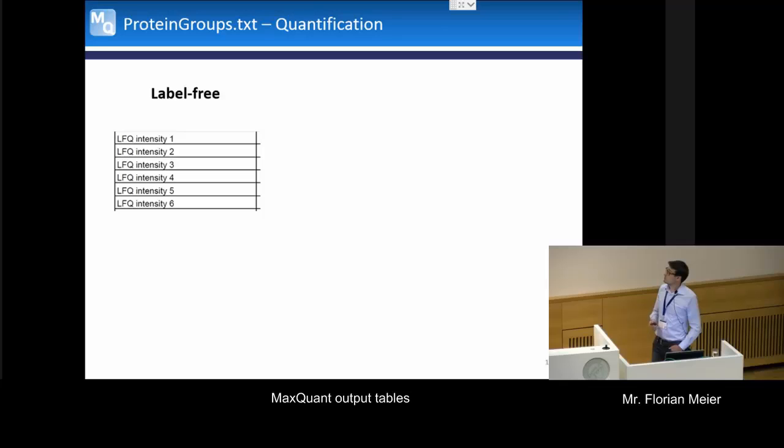For a label-free experiment, this is how this file is going to look. It lists all the LFQ intensities for a given protein and for all the given experiments. So you get the intensity for experiment 1, for experiment 2, 3, 4, 5, and 6.